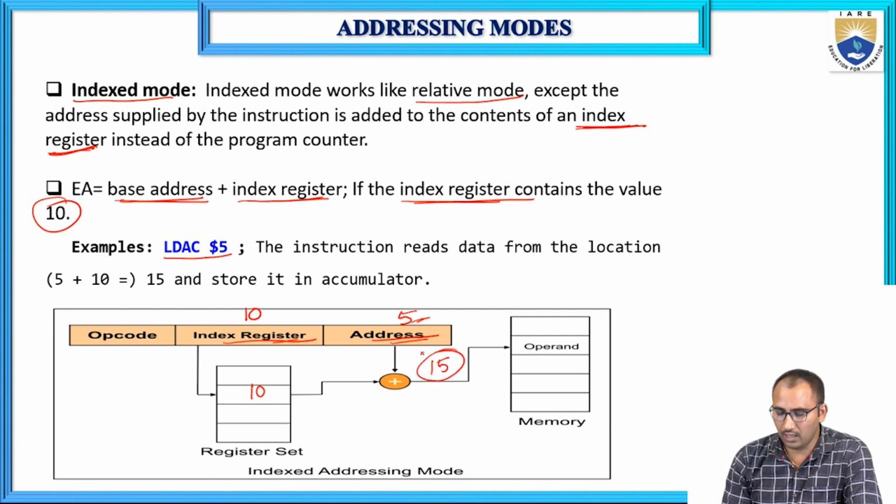So 15 is the effective address. From the 15th location we have an operand that will be copied to the accumulator. That is the index addressing mode.